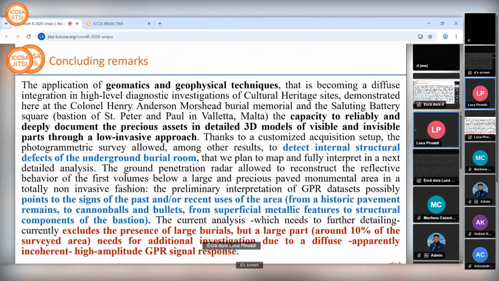Coming to conclusions, we have to underline the importance of the joint use of diagnostic disciplines and documenting disciplines like geomatics and geophysics, specifically for very important, precious and delicate sites.